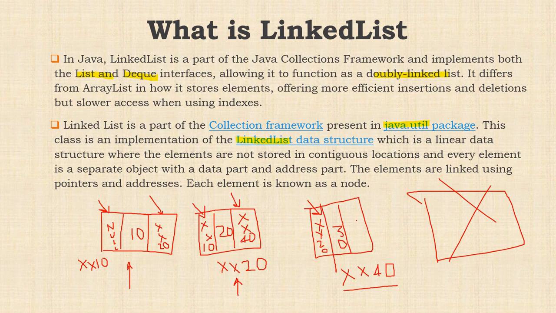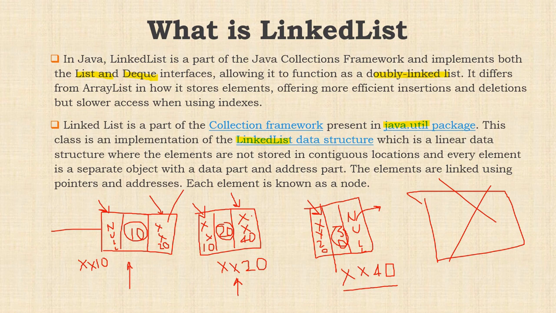There is no next node, so this is our last node, and null will be stored here. So we have stored 10, 20, and 30 as data. At the first part the previous node address is stored, and at the last part the next node address is stored. So like this the doubly linked list works.